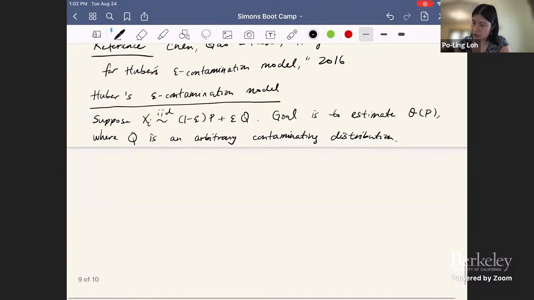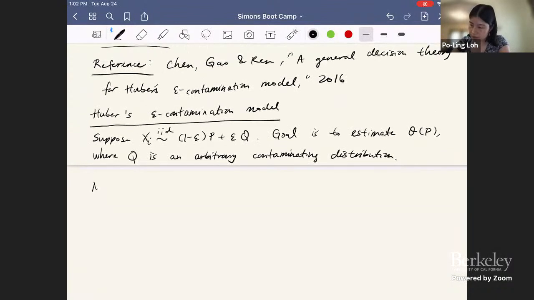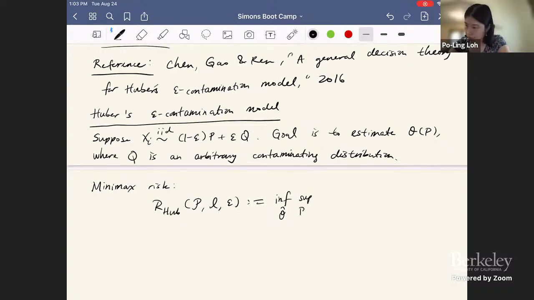Okay, so we'll define a minimax risk. So the minimax risk is going to be R sub, let's say, Huber of script P, the loss function L, and the level of contamination. And this is the infimum over theta hat, supremum over the true distribution, as well as the contaminating distribution.